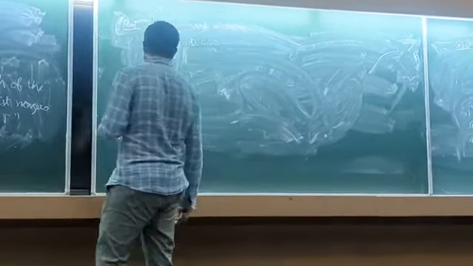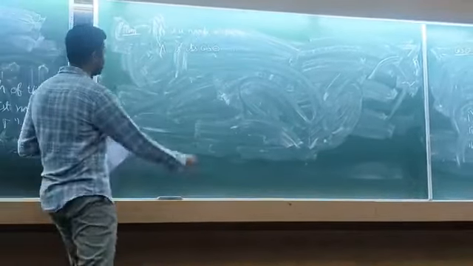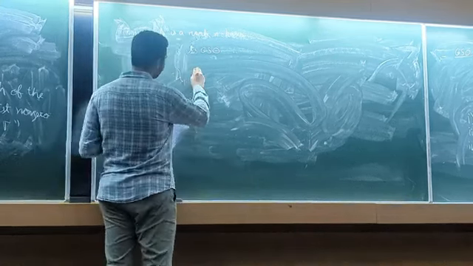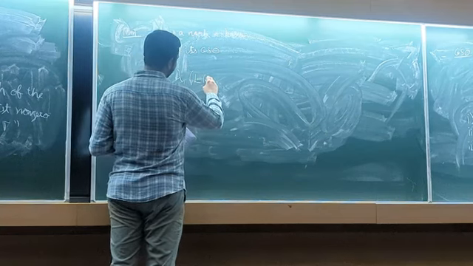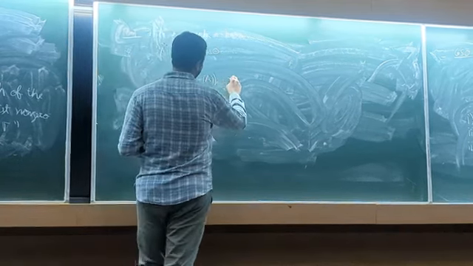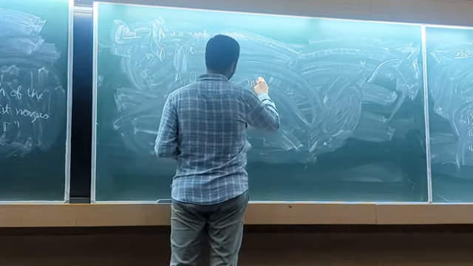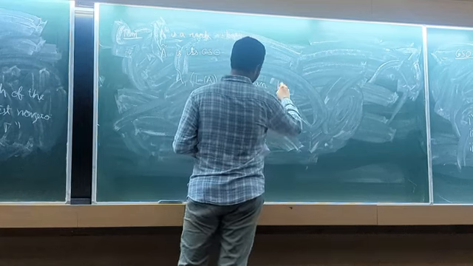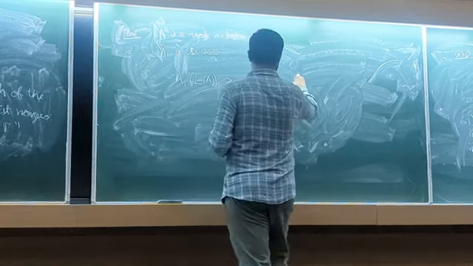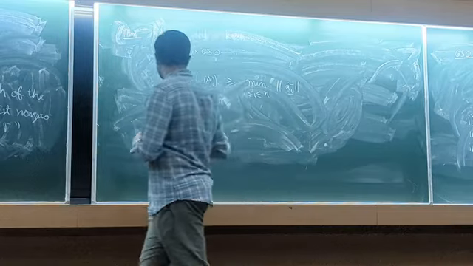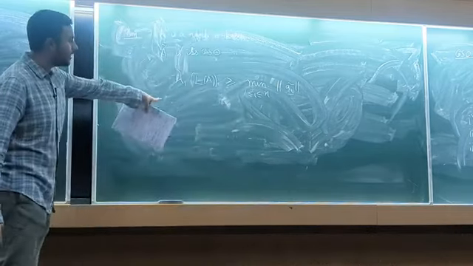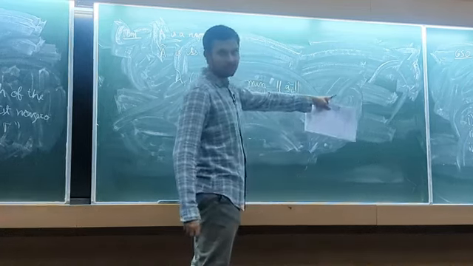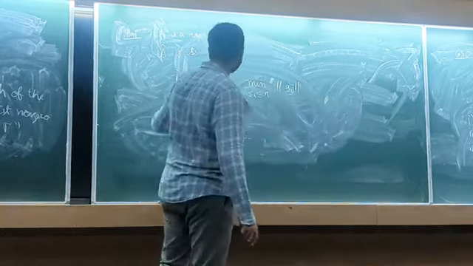Then the result that we will be using is that, read this. So the shortest vector is actually greater than the minimum Gram-Schmidt orthogonalized vector, right?